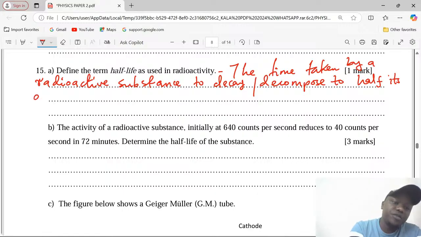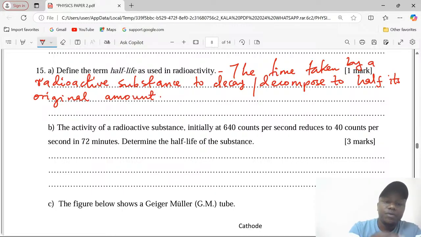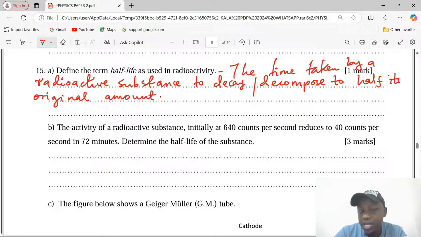its original amount. The time a substance takes to decay by half its original amount. It might be original mass, might be original number of particles in that given substance.